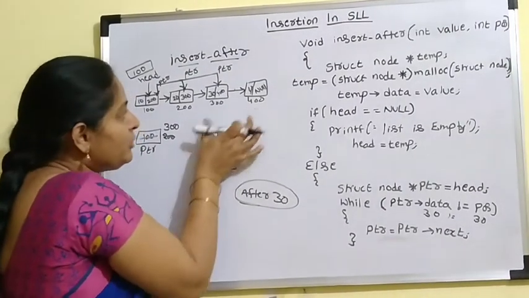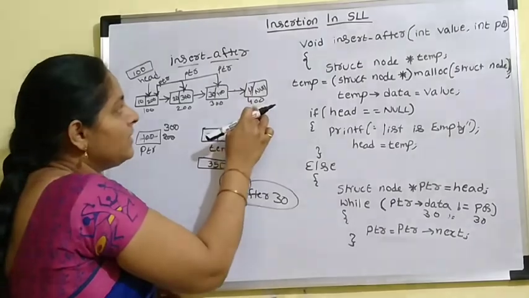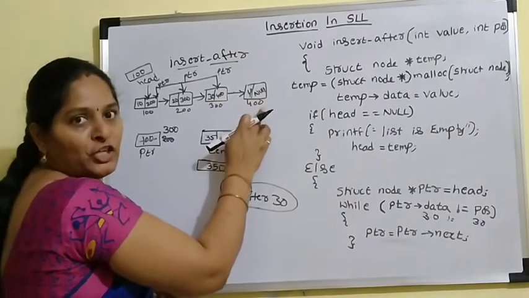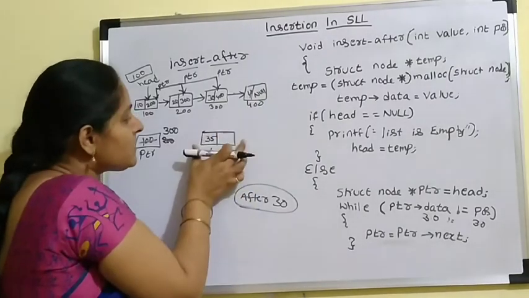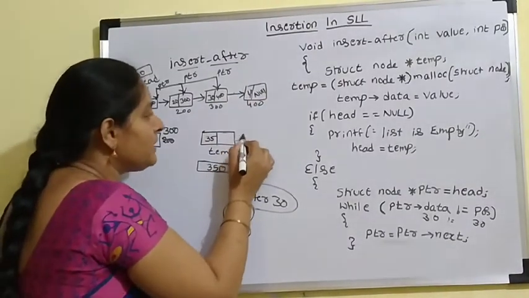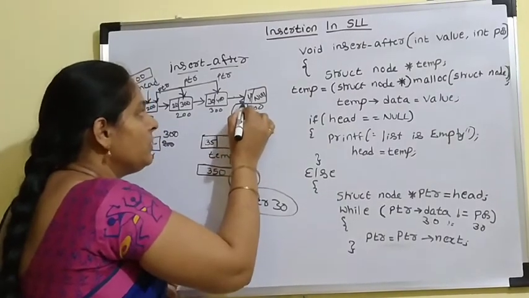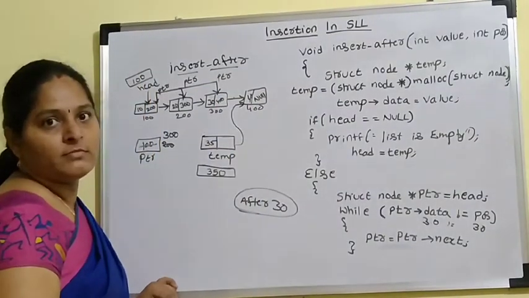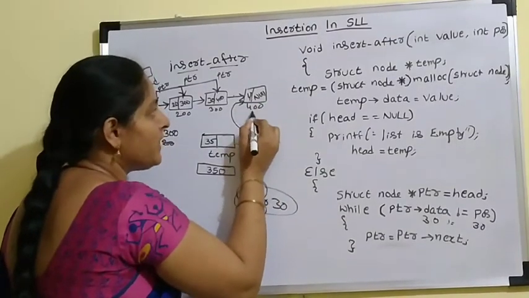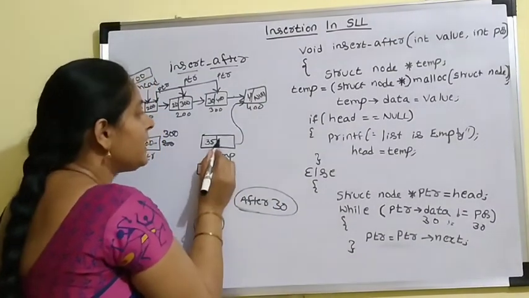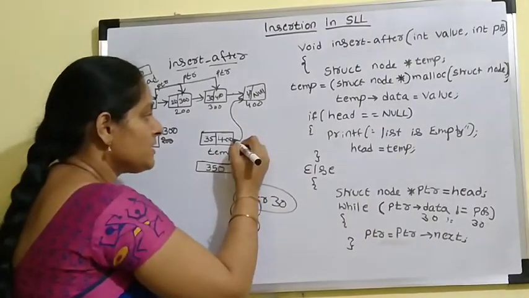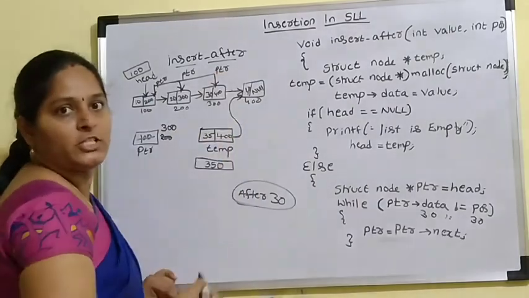So this temp we need to place between PTR and 400, between 30 and 40, right? So if you want to insert this temp between 30 and 40, first we need to connect this temp to 400 node. Okay, so how to establish this connection? Store this 400 node address in the temp next field.